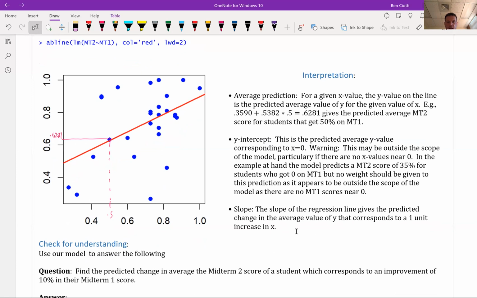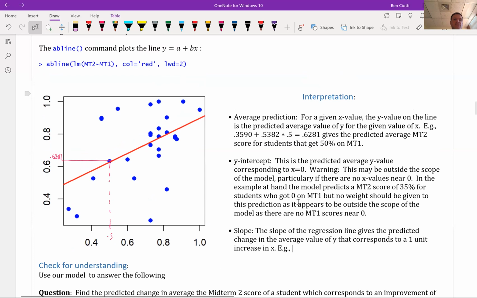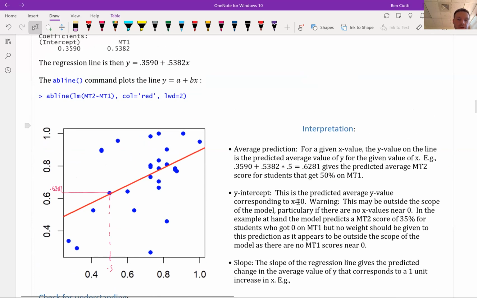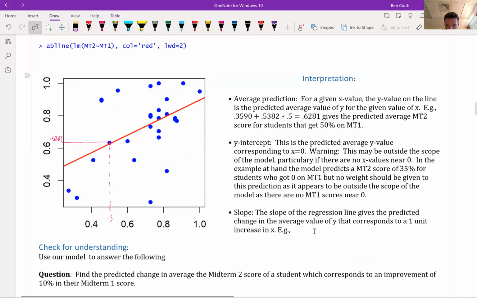Now, it doesn't really make sense to increase x by 1 because the x values are all between 0 and 1. So an increase of 1 would be way too big. That would probably be outside the scope of the model. So let's just increase it by 10%.